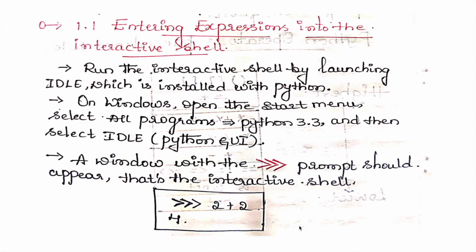Next, how do I know that I've installed the Python software in my system? To check that, you have to run the interactive shell by launching IDLE, which is installed with Python. Particularly on a Windows system, you have to open the start menu and select the all programs option. There you have to select Python 3.3.